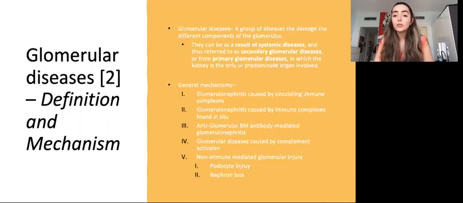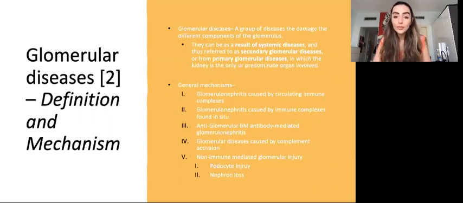Most of the primary glomerular diseases are caused via immune mechanisms, and many of the secondary ones are either by deposition of antigen-antibody complexes or by antibodies that react with the glomerulus's intrinsic antigens or with extrinsic molecules, and they're planted there.